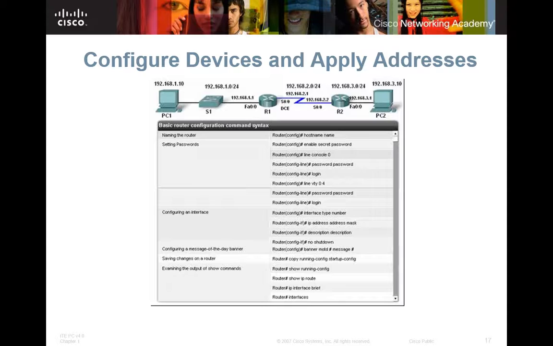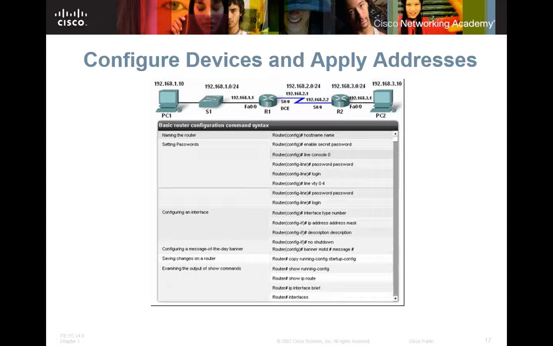So here's how we do it. To name the router, you've gone in and you've gone through the enable command to get into enable privilege mode. Then you go into configuration mode, you type in hostname and then you give it a name.